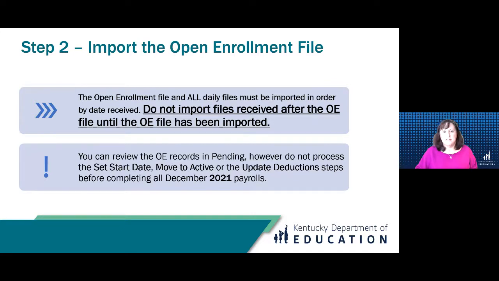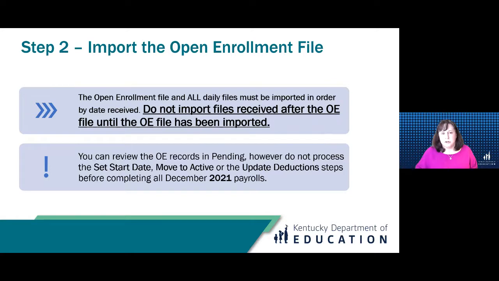So if John Smith was on the open enrollment file, and 5 days later, he had a qualifying event and changed insurance, and John Smith had a new record. If you imported that record that was 5 days after the open enrollment file first, you're already out of order, and that's going to cause negative impact on the employee deductions.